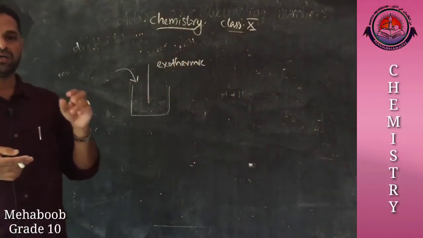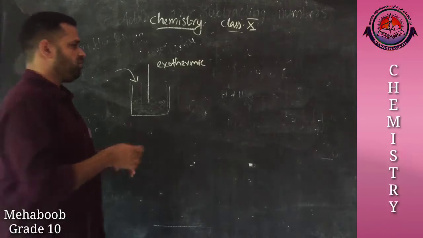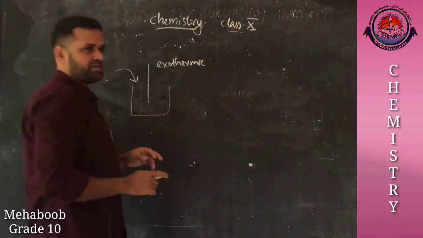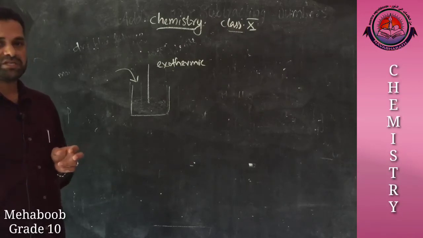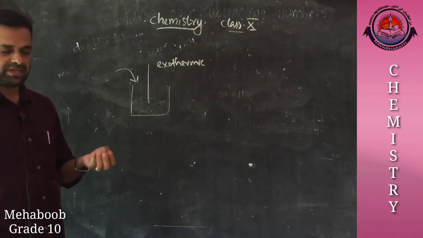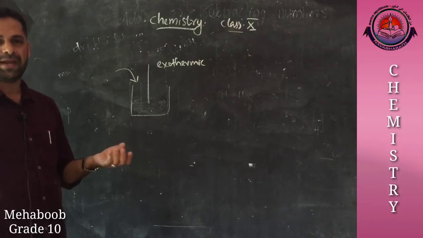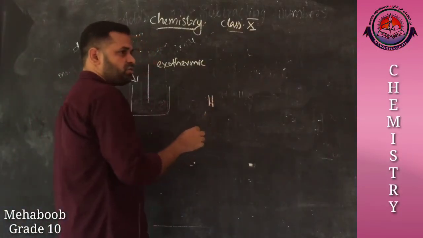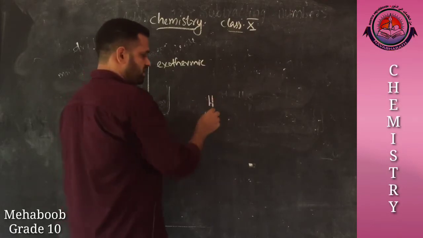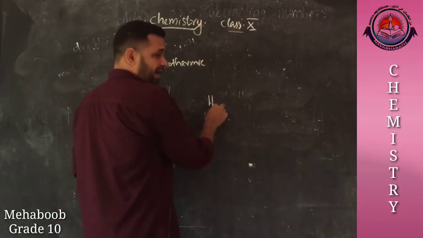While mixing water with an acid or base, what happens to their concentration? Their concentration decreases, so it becomes diluted. When we add water to an acid, that is called dilution.